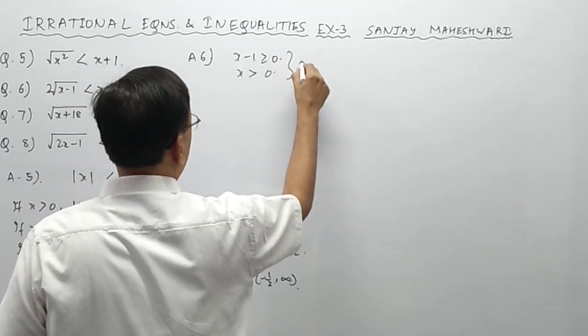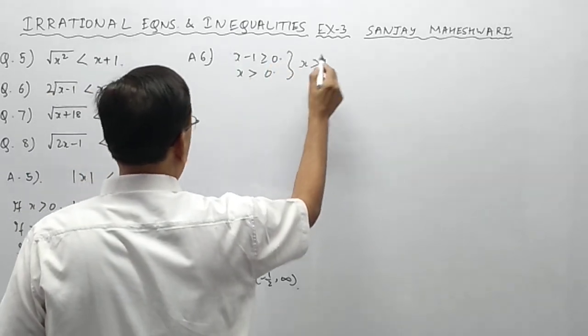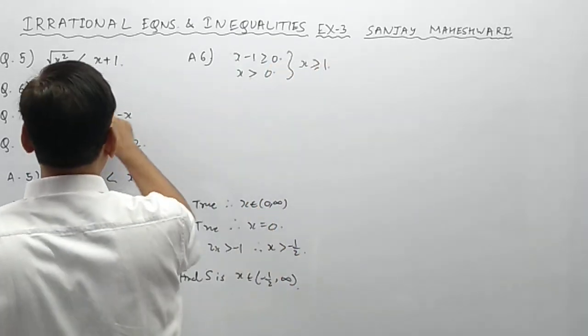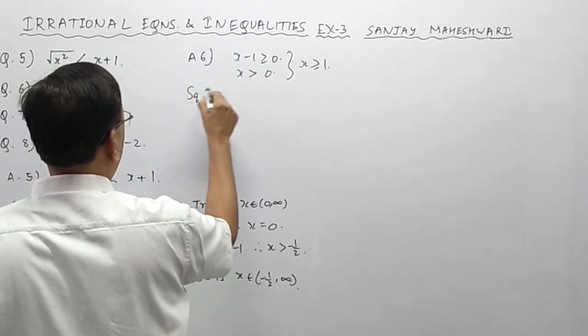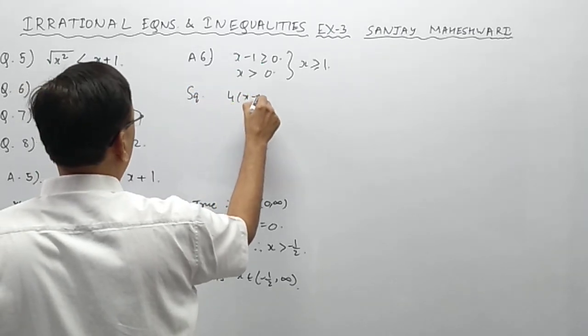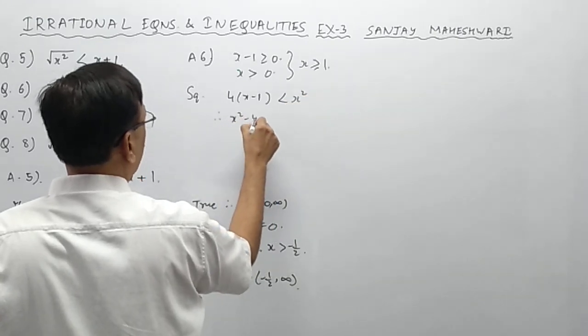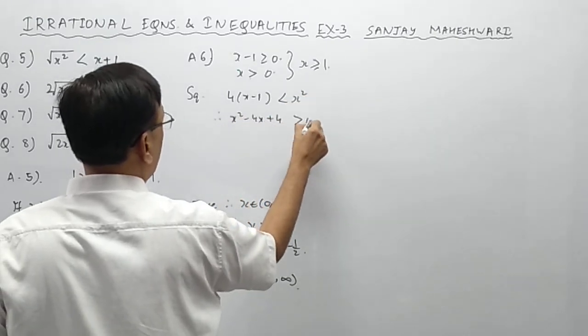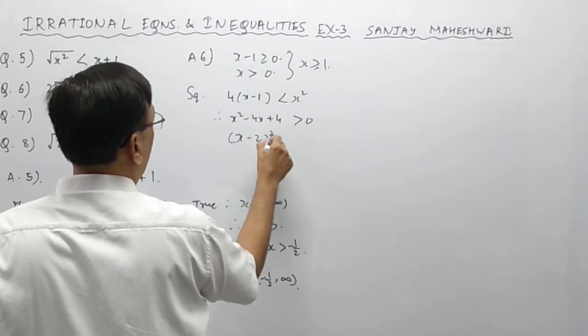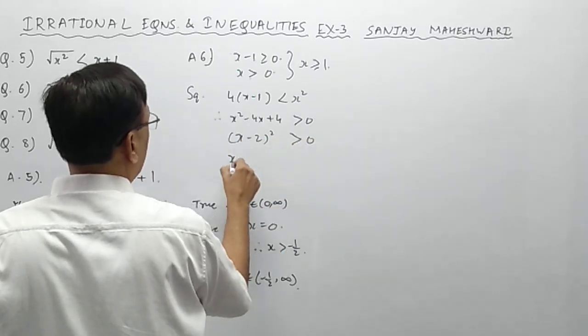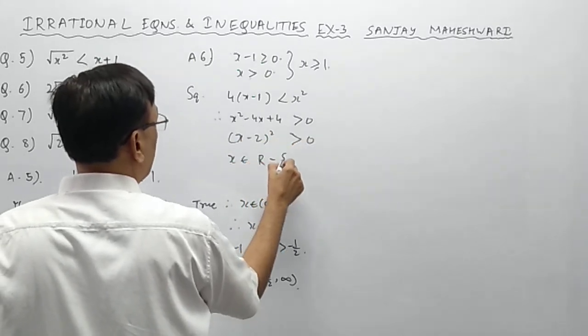So here we can see that x should be greater than equal to 1. Now we will start both side positive, squaring both sides. By squaring we get 4x minus 1 is greater than x square. Therefore x square minus 4x plus 4 greater than 0. Therefore x minus 2 square greater than 0. X belongs to R minus 2.